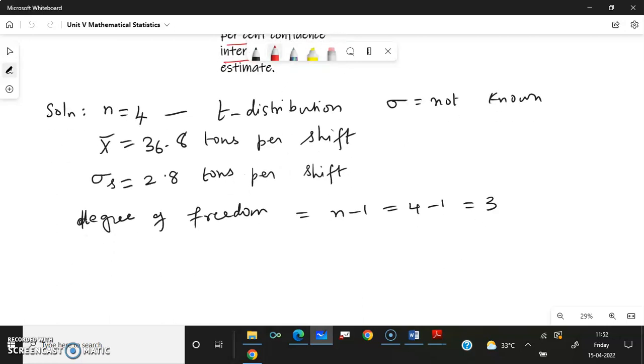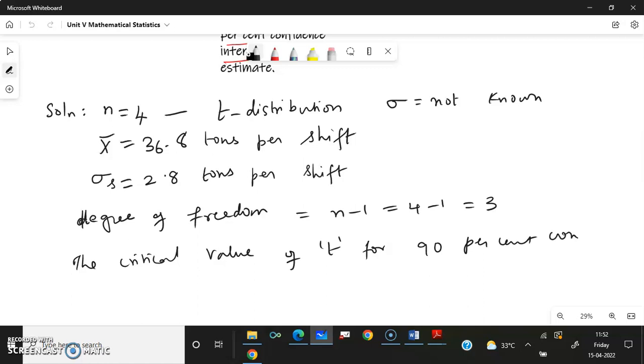So we have to find the critical value of t for the 90% confidence interval.